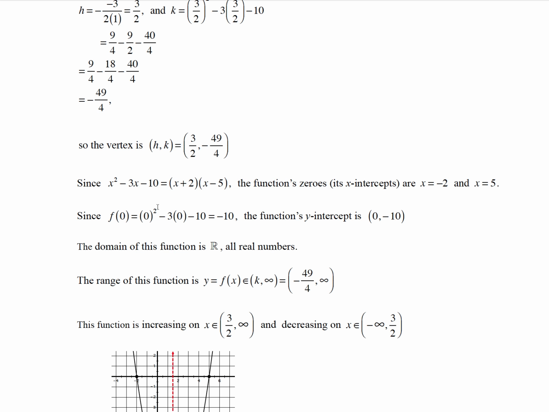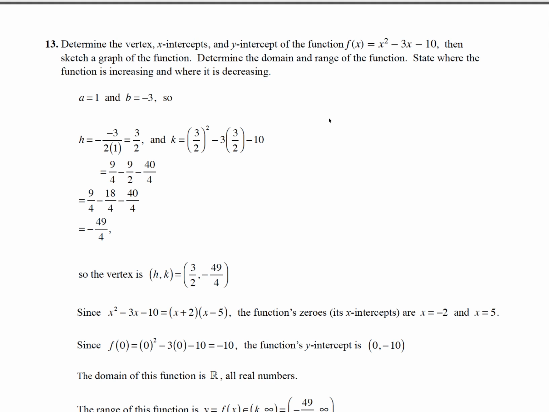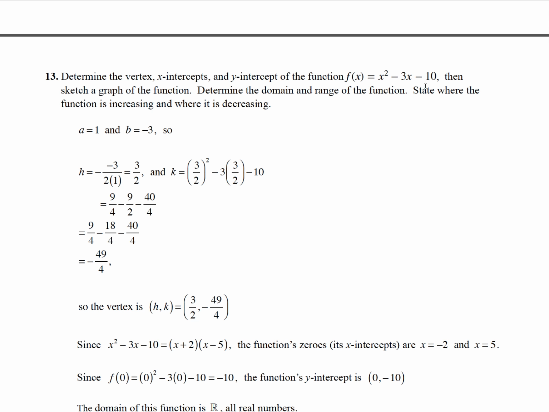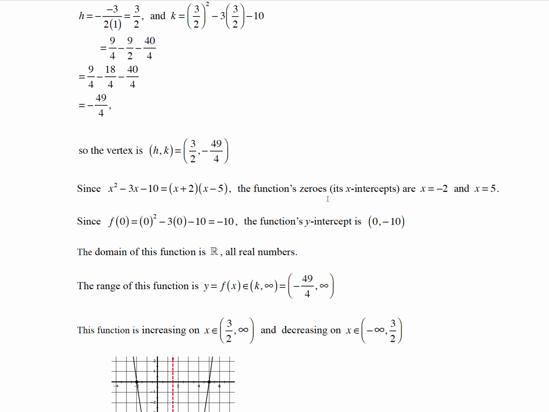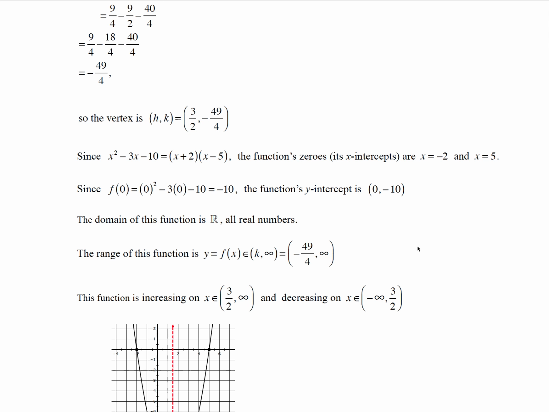To find the y-intercept, we just need to look right here at the constant term. So our y-intercept is negative 10. Here I've evaluated the function at 0, but all you really need to do is just look at the constant term. So the y-intercept is 0, negative 10.